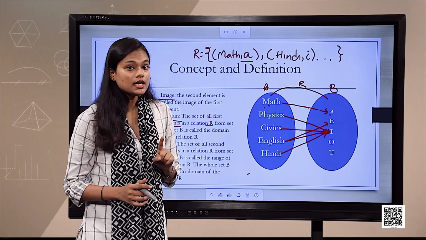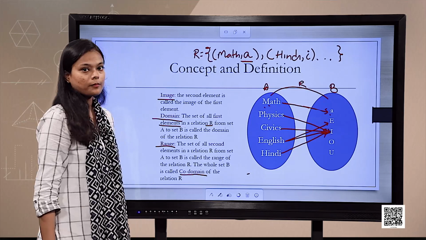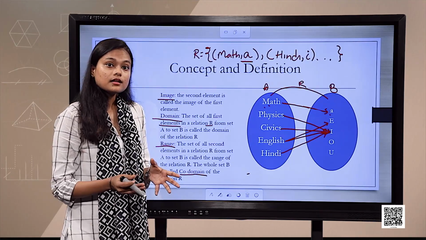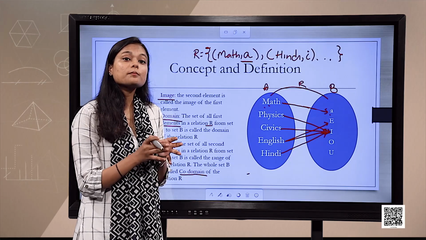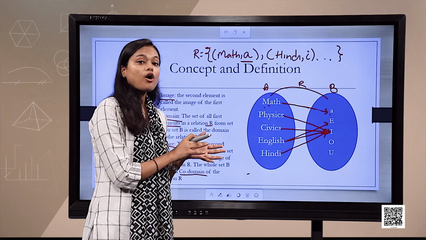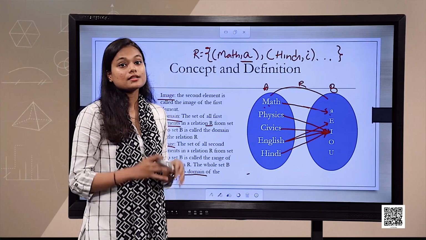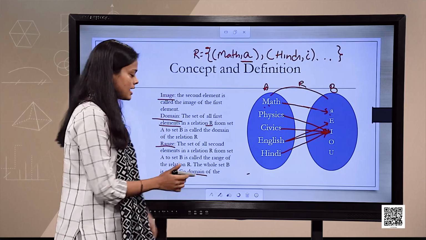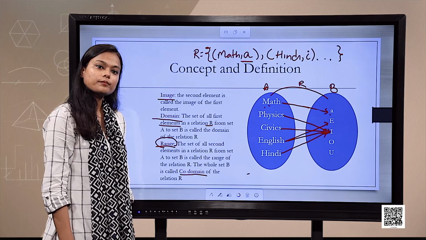The full set B is said to be codomain. And the elements in it which are becoming the image of the element of the set A, the set of all those images, is known as range.